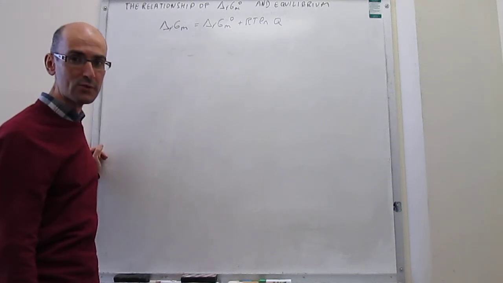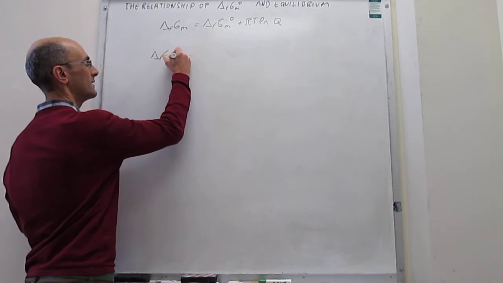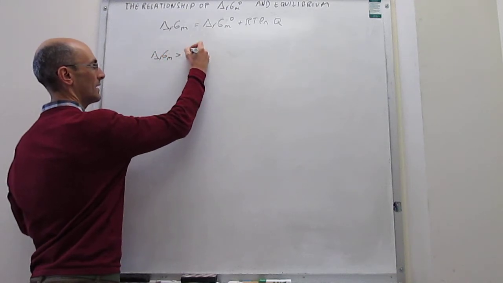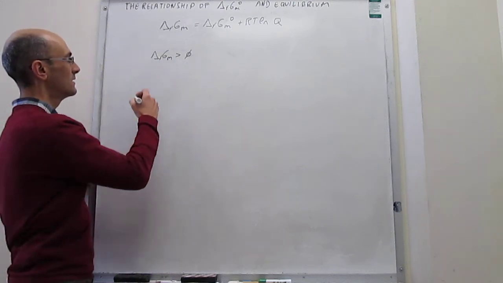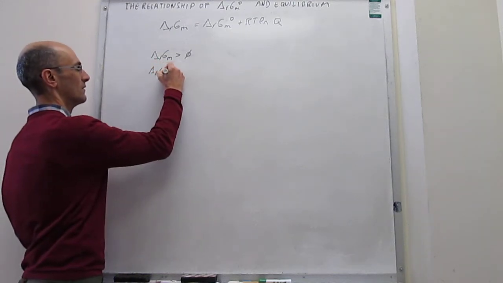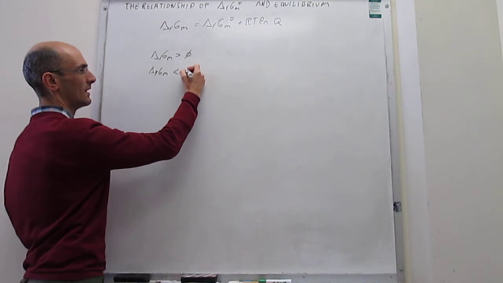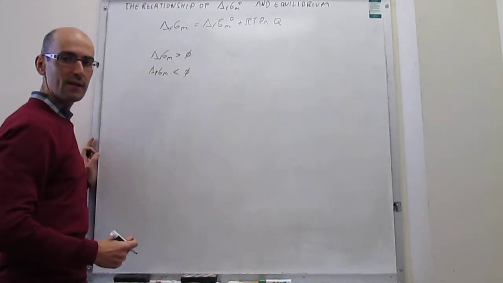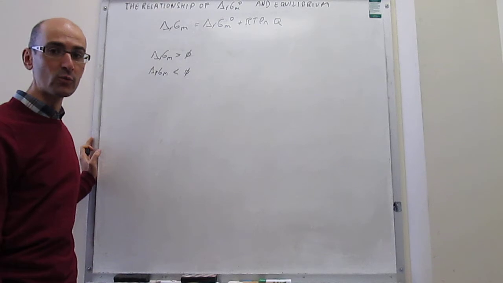Alright, so we know that if the sign of this value is positive, then the reaction will not be spontaneous. If the sign of this Gibbs energy of reaction at the conditions that we're looking at happens to be negative, and we're working at constant pressure and temperature, then the reaction will be spontaneous.